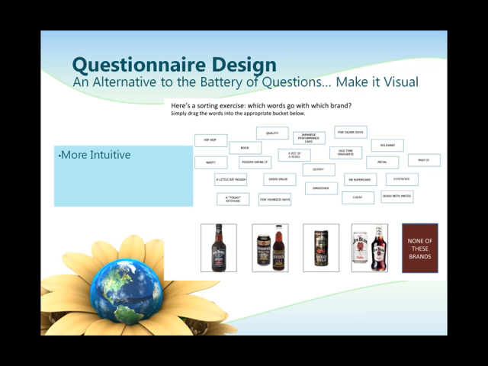Because for each of your test products, people can see the brands laid out, they can see the words, and they can choose whether or not they think it applies. The basic scale of strongly agree to strongly disagree can be really awkward for some questions and some topics. This lets people make simpler decisions that are genuinely more comparative.